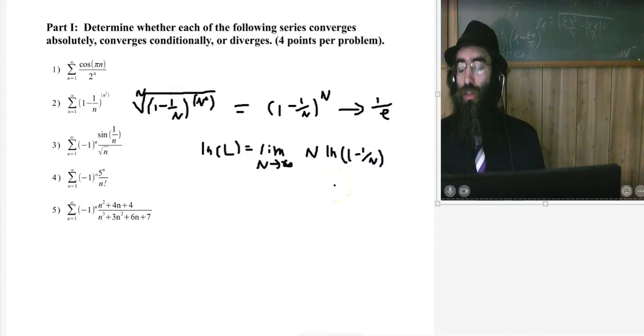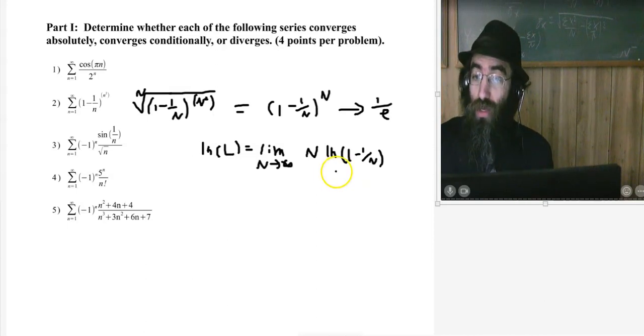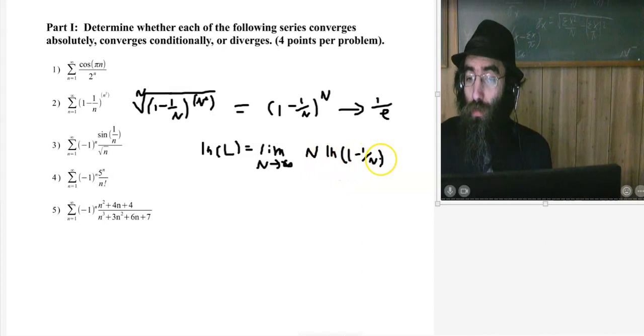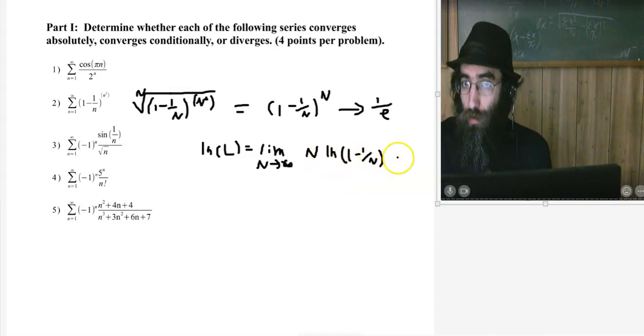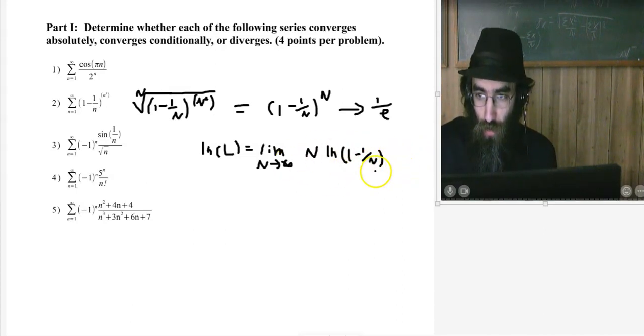And you can solve this either with L'Hopital's rule, or since you know what Taylor series are now, you can realize that ln of 1 minus 1 over n becomes negative 1 over n plus higher order denominators of n. So you'll have like a plus 1 over n squared minus 1 over n cubed. Right? You'll have higher order stuff there.